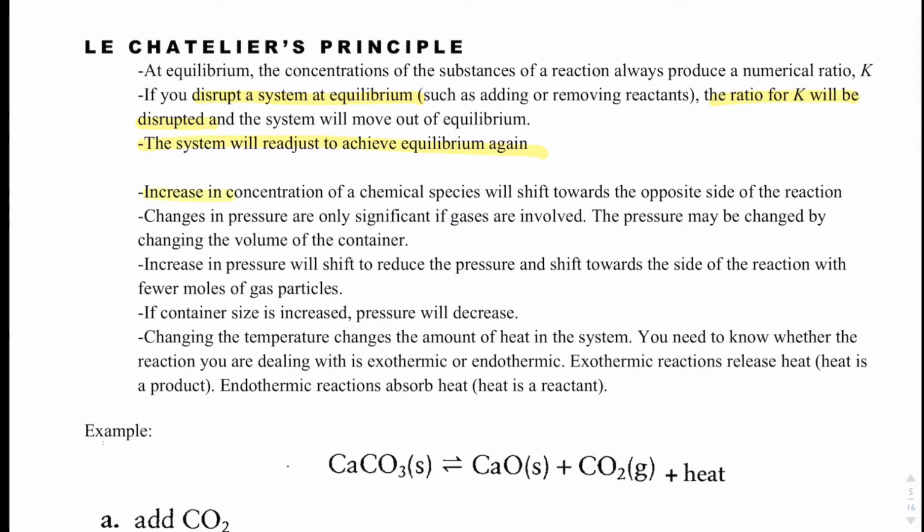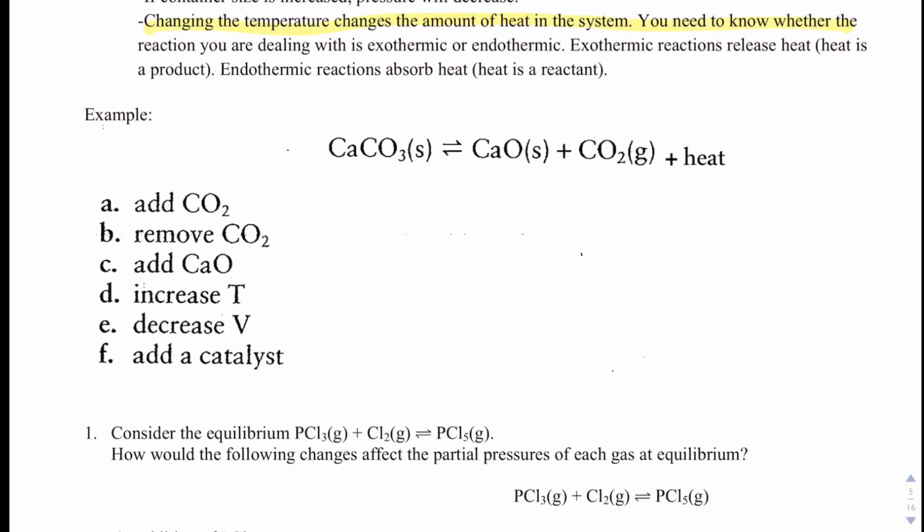If we increase the concentration of one species, we'll shift away from that species. If we change the pressure, then we're going to go to the side that goes back to our original pressure. For the sake of organic chemistry, I'm going to talk about it, but this is not important in organic chemistry. And then if we change the temperature, we're going to shift towards the side that restores our temperature back to where it was.